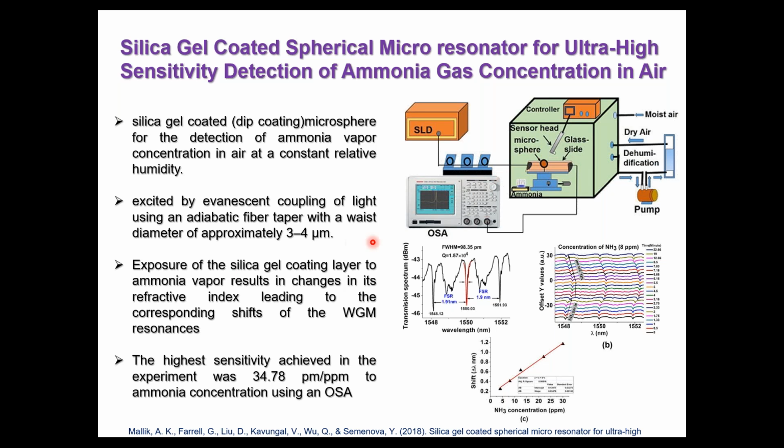The waist diameter is as small as the beam, I mean the fiber waist diameter, because the fiber is tapered, and after tapering its diameter reduces to around 3 to 4 micrometer, where it is in contact with the microsphere, and you can continuously monitor the output spectrum available in the optical spectrum analyzer in presence of ammonia gas.